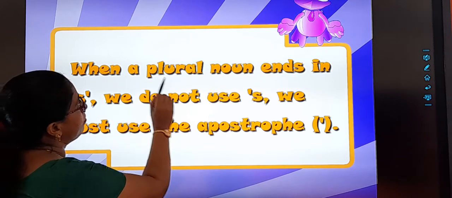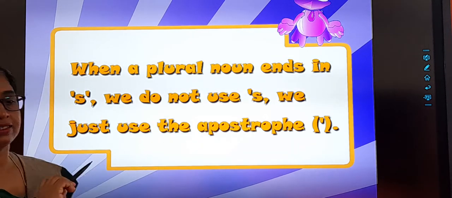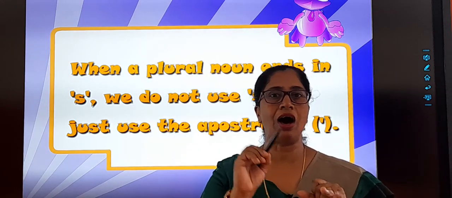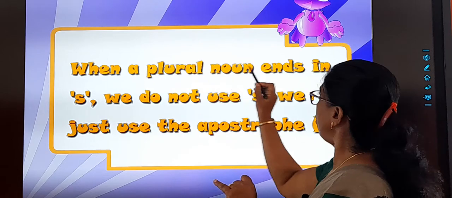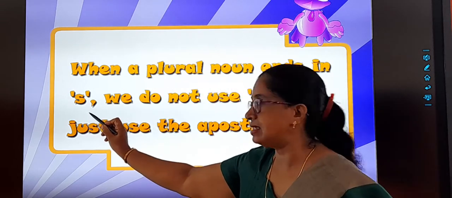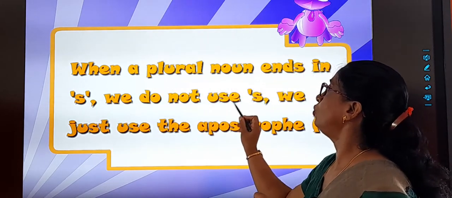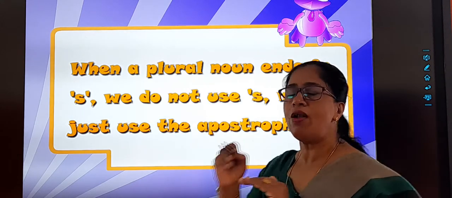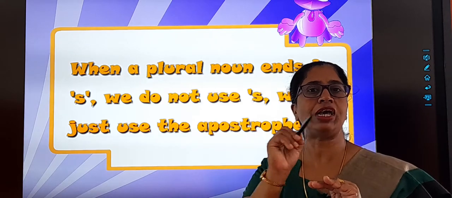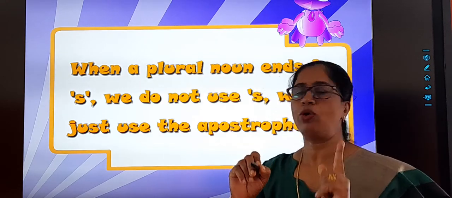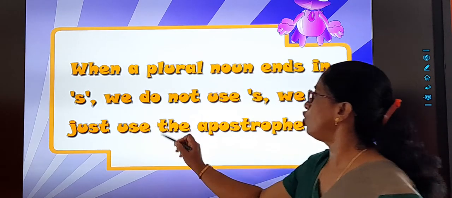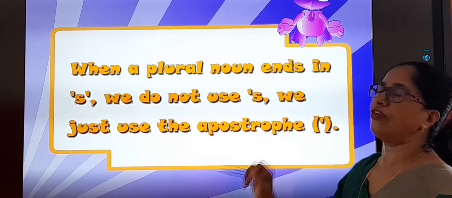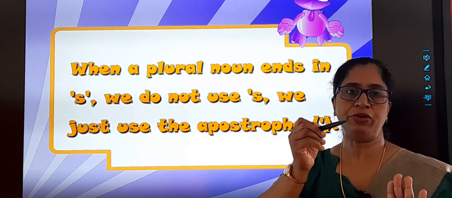When a plural noun ends in S, G-I-R-L-S, we do not use apostrophe S, because the word already ends with S. We just use the apostrophe, an inverted comma. You will not put S again.